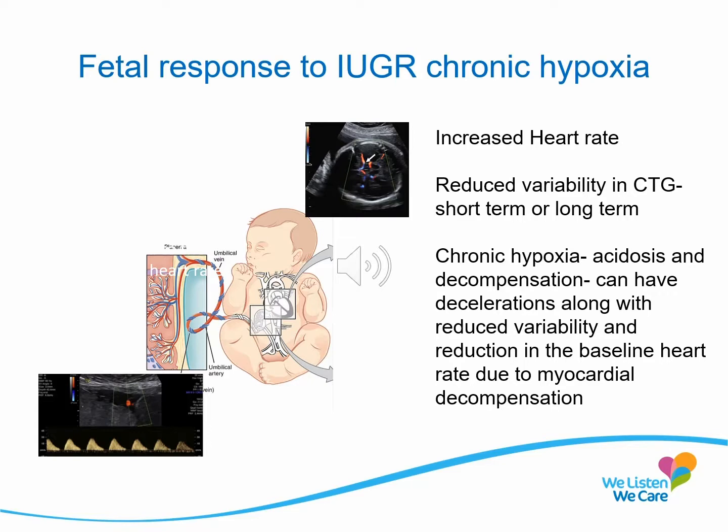As the fetus tries to decompensate, there is reduced variability and hypoxia, which can result in decelerations on the CTG. Also, in chronic hypoxia with acidosis and decompensation, there can be a reduction in baseline heart rate due to myocardial depression. The reduced variability and absence of cycling can be identified better by a computerized CTG.